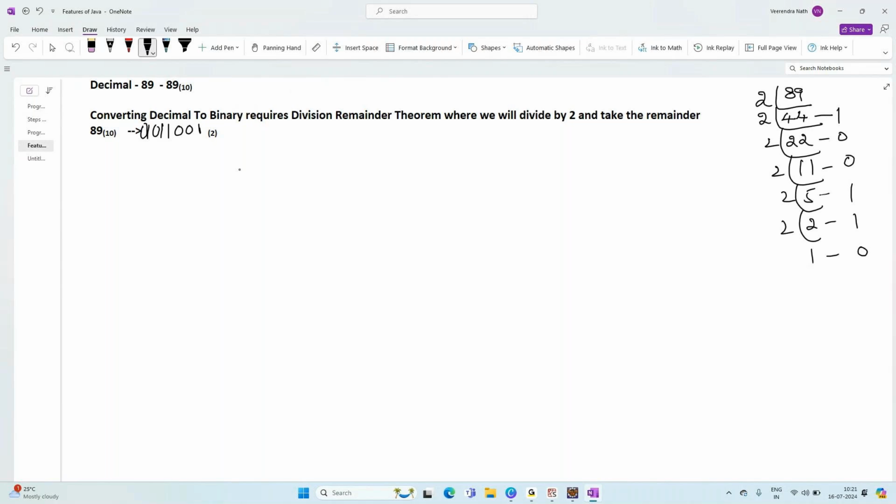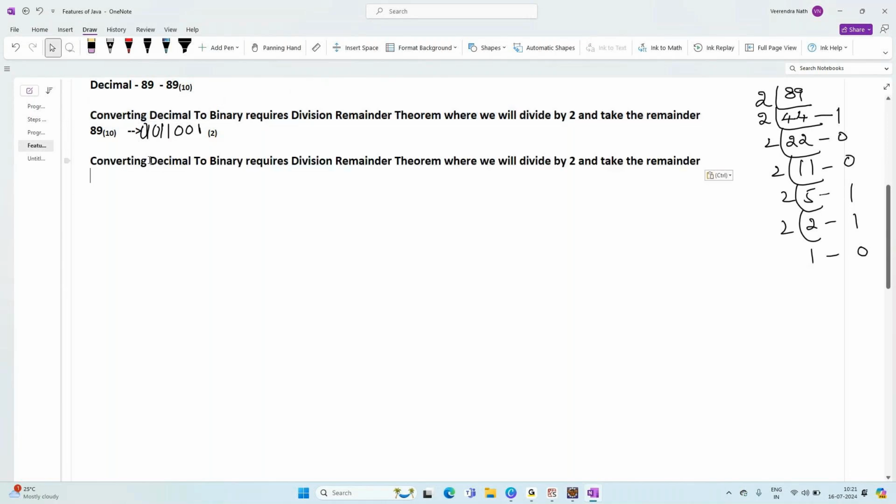Now if I have to convert binary to decimal, you require the exponent sum theorem.